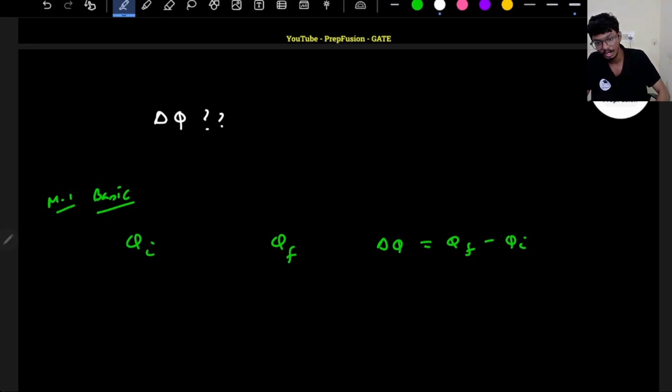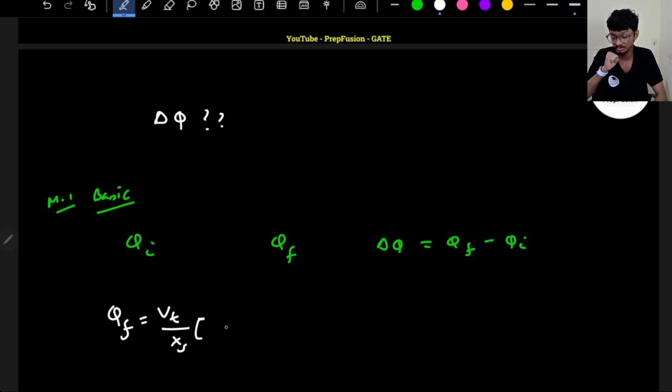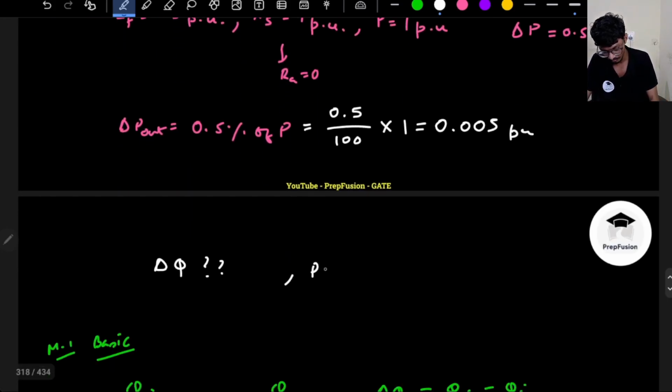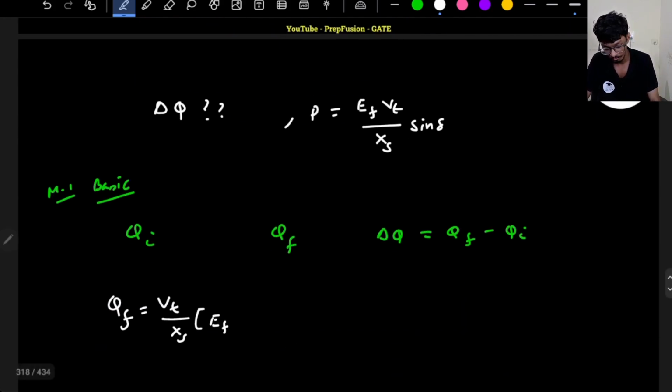So what was the formula for reactive power? If you remember, it's very good. One thing I remember is that there was a voltage difference, Vt square by Xs, and Vt by Xs in common. It was not the exact voltage difference. The active power formula is Ef Vt by Xs with sine delta. I am just explaining how you can remember the formula for reactive power.